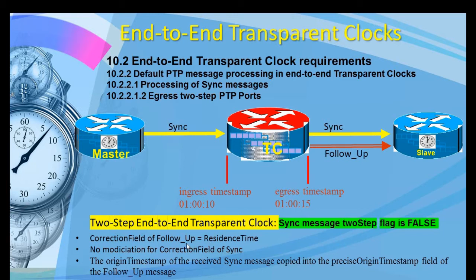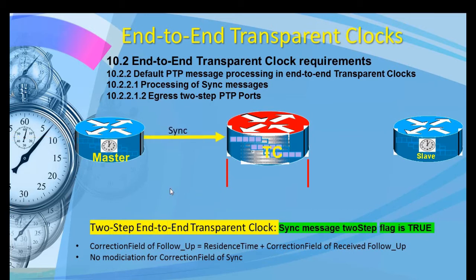Only the correction field is added into the follow-up message. The residence time is actually calculated by the egress timestamp minus the ingress timestamp, but these two timestamps are generated by the sync message, not by the follow-up message, but carried by the follow-up message.